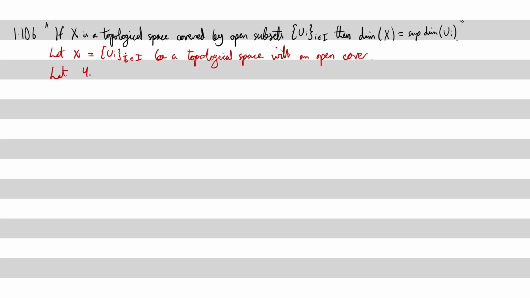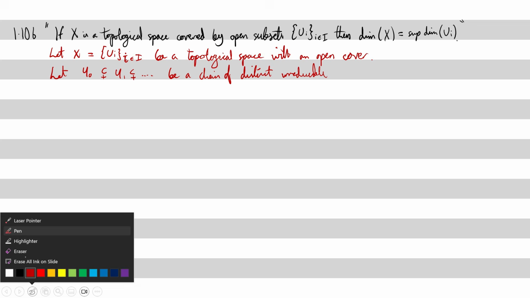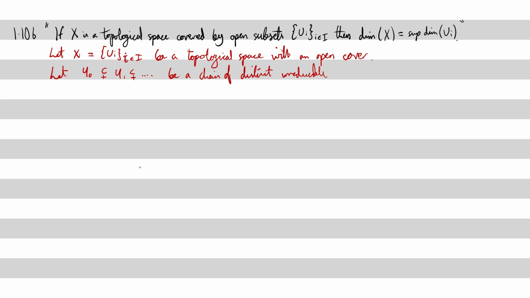So let y0 be a proper closed subset of y1, proper closed subset of dot dot dot, be a chain of distinct irreducible. You know what? I will call it an admissible chain. And an admissible chain is a chain of distinct irreducible closed subsets.